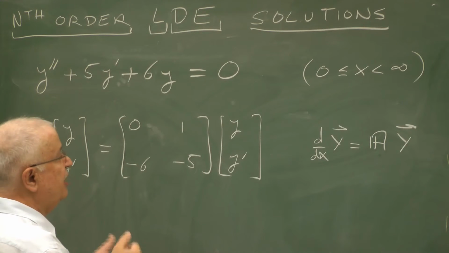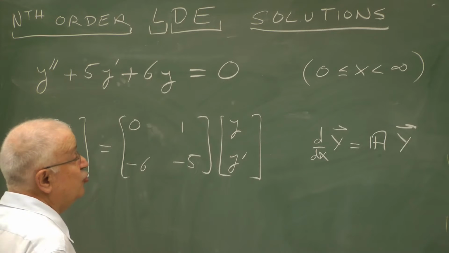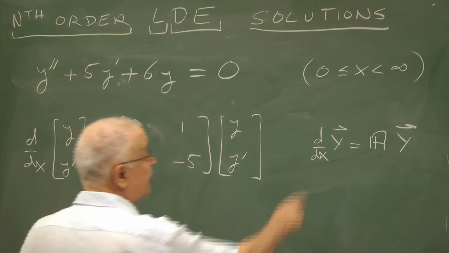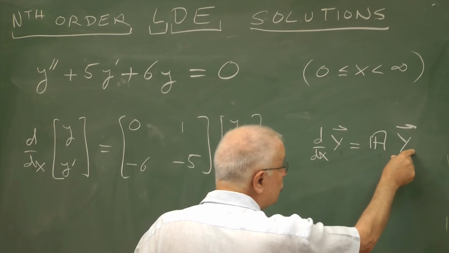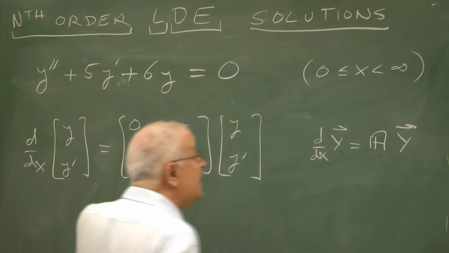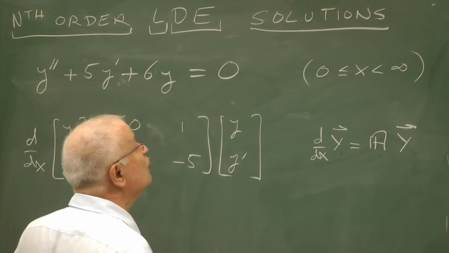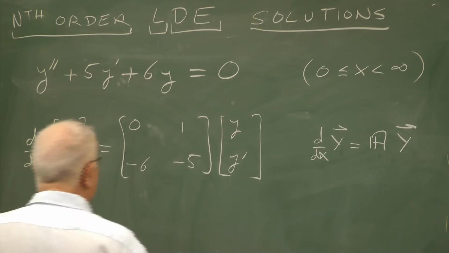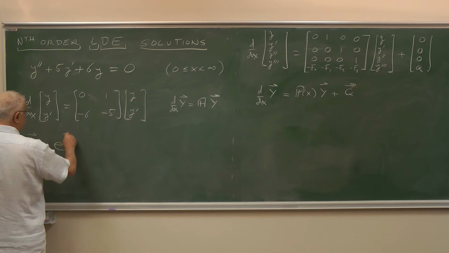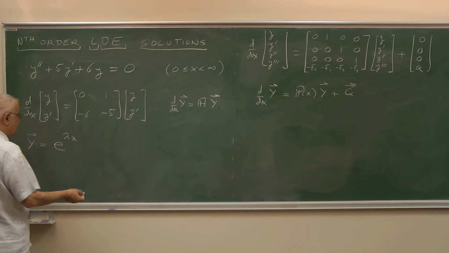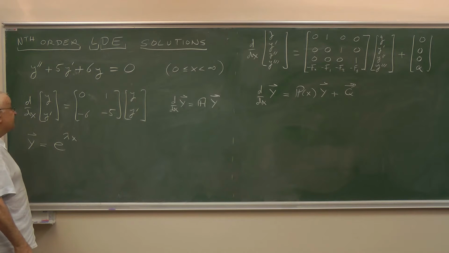Now, whenever we have a situation where the derivative of something equals that something multiplied by a constant, exponential comes to mind. So one might say y perhaps is exponential. But that doesn't make any sense because this is a vector and this is not.